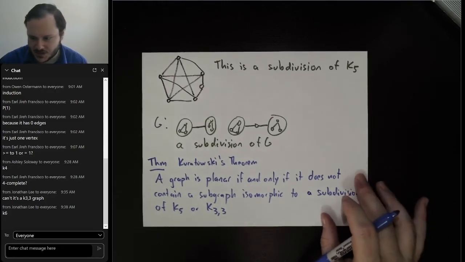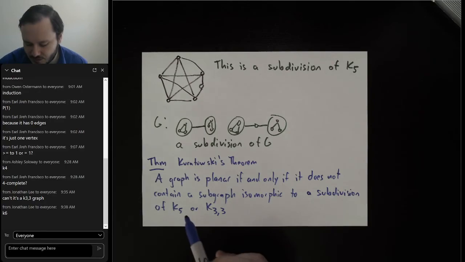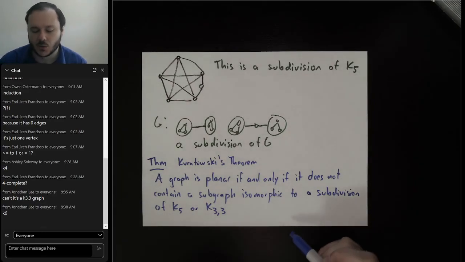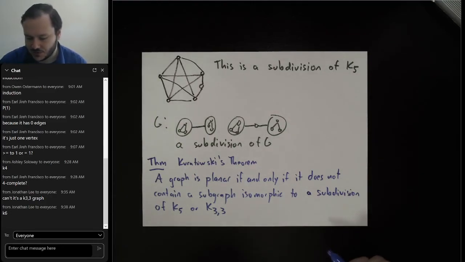So that's what we need to do to figure out if a graph is planar. Look at the subgraphs. We're not looking for a K5 or a K33 exactly, although those would be good enough. We're looking for a subdivision of a K5 or a K33.